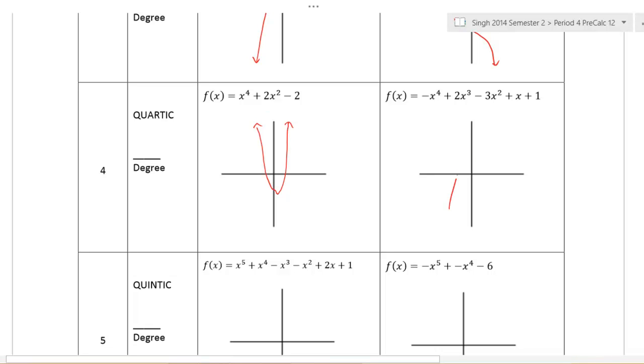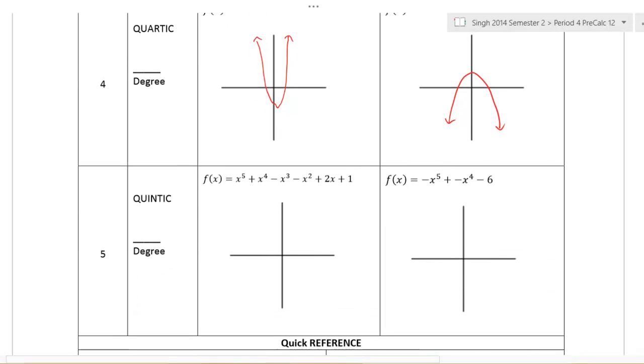This one's going to look like this. And the last two, they're going to look like this. Alright, so once you've done that, that's the general idea.